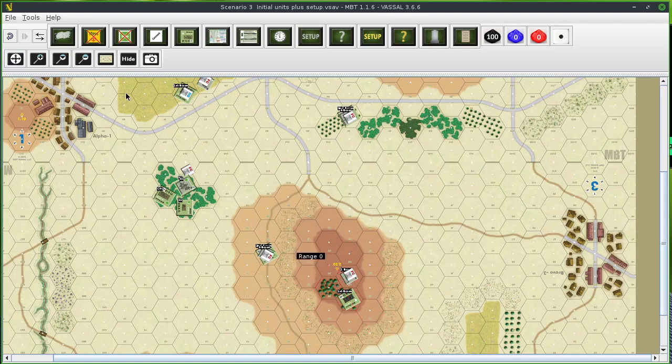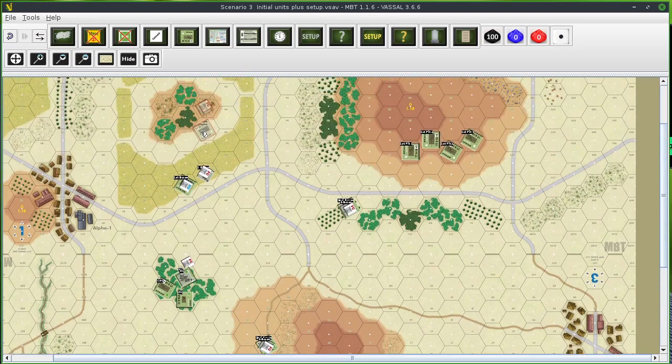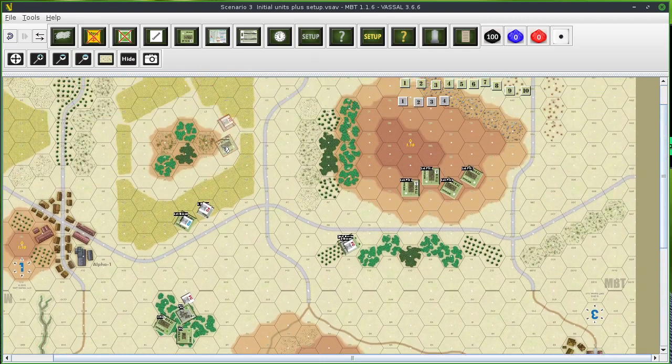Get rid of that. There. So I'm moving my first recon unit right here on that hill. And I'm going to face my Bradley in that direction, and I'm going to face the recon section in that direction.